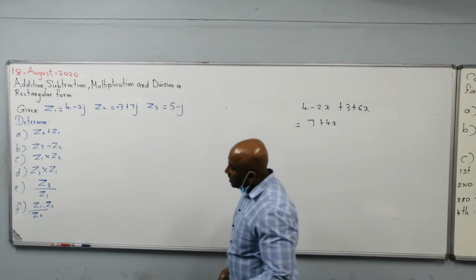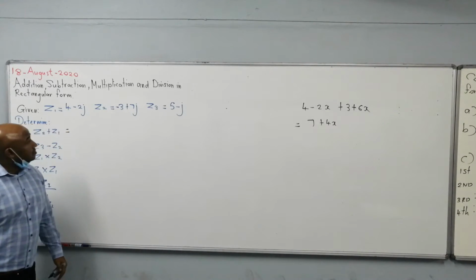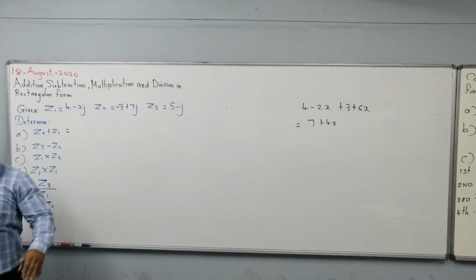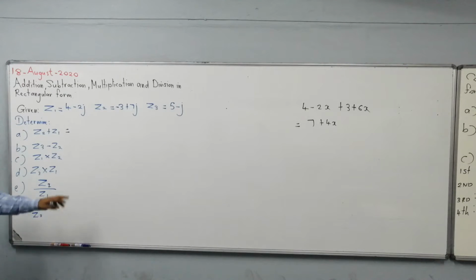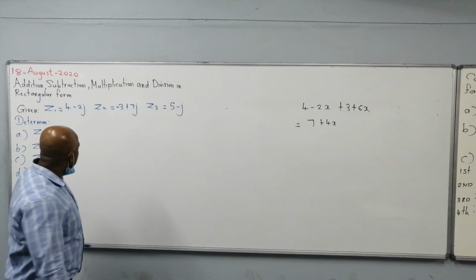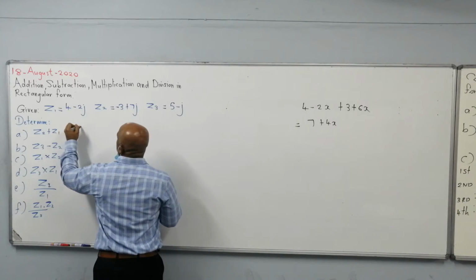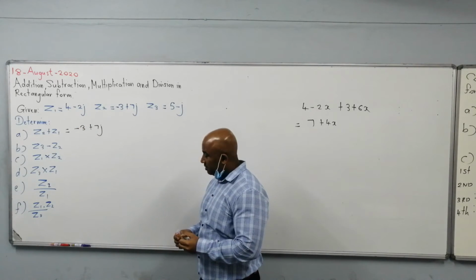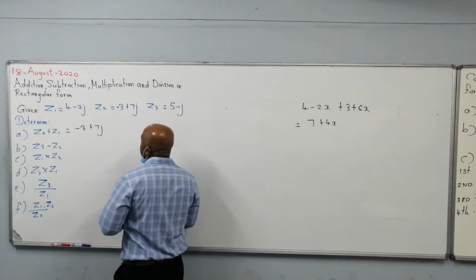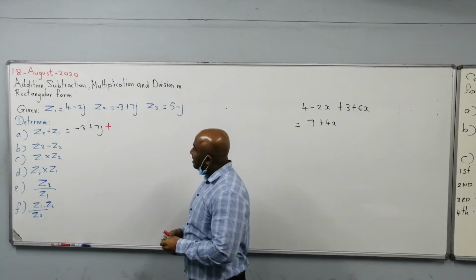Now, these are complex numbers here. So, I gave you 3 complex numbers. I'm calling them Z1, Z2, and Z3. First one, Z2 plus Z1. So what is Z2? Z2 is represented by minus 3 plus 7j. Plus Z1. What is Z1?